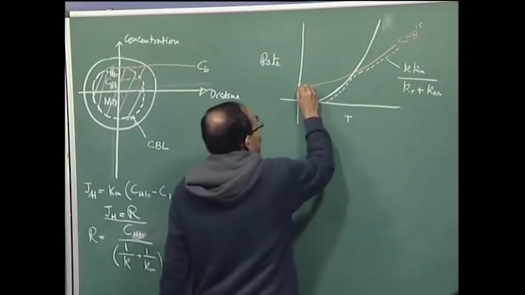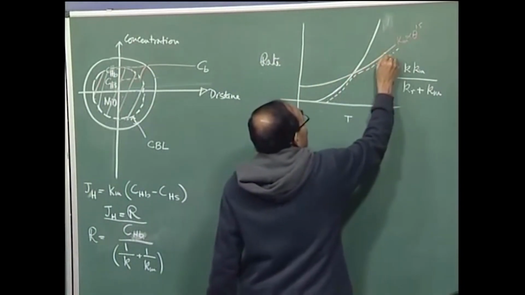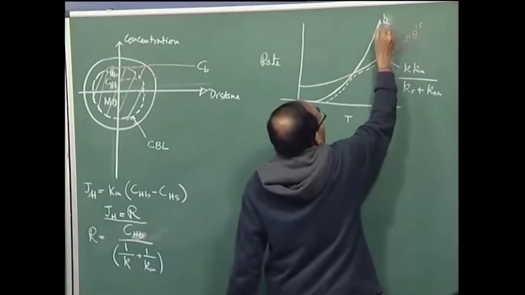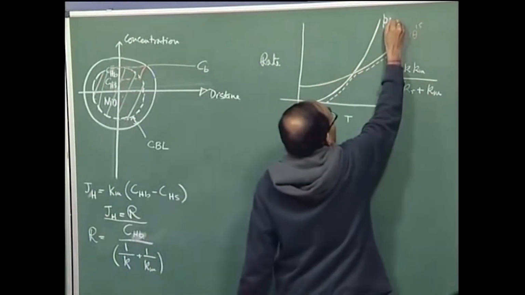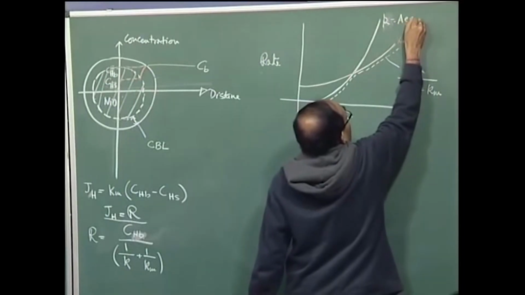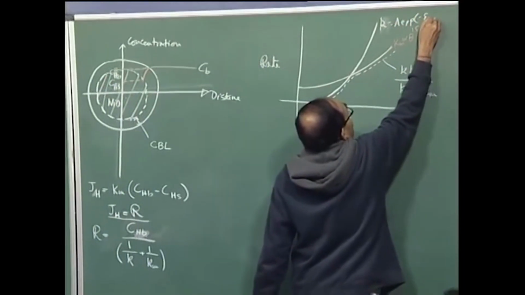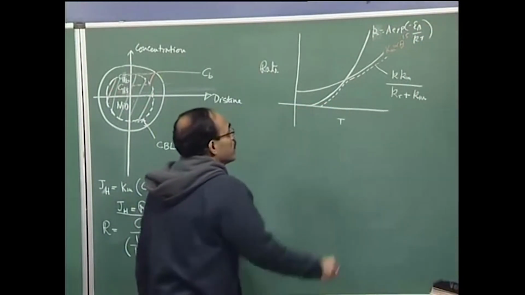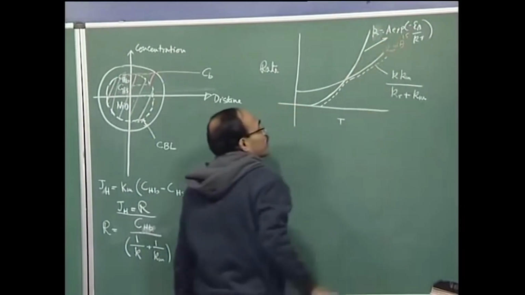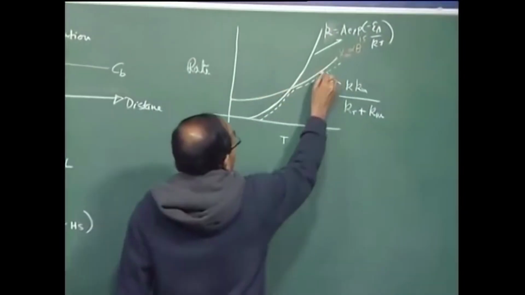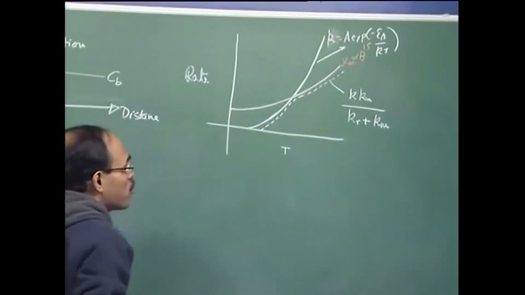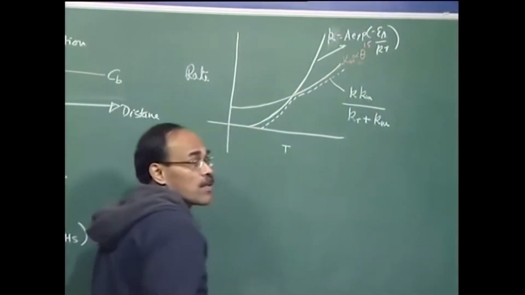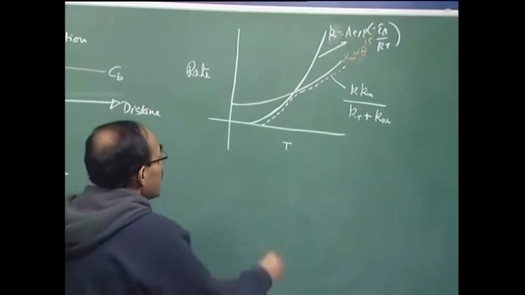This is how the rate constant k varies: k is equal to A exponential minus E by RT. So that is what this particular line is, and this tells us about the dependence of the rate constant on temperature, where theta is the absolute temperature in this particular case.